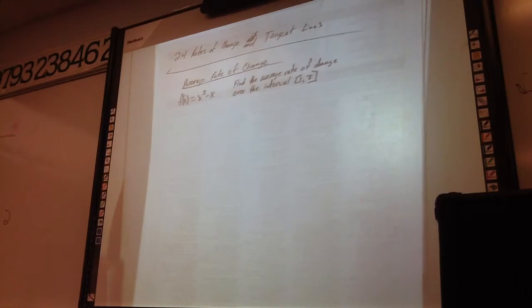What do you think that means? How are we going to find an average rate of change over an interval? Difference of y over difference of x? Yeah, there it is. It's like slope.